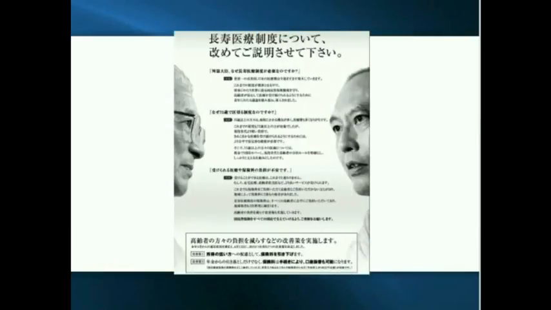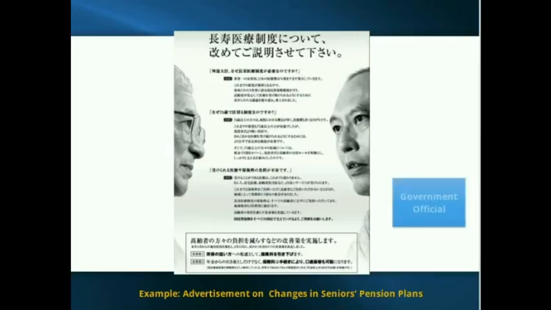For example, take a look at the illustration or advertisement on this slide. This advertisement is an attempt by the Japanese government to explain changes in pensions or social security policies for seniors. So here is an exchange that is ostensibly captured between a government official and a senior citizen.